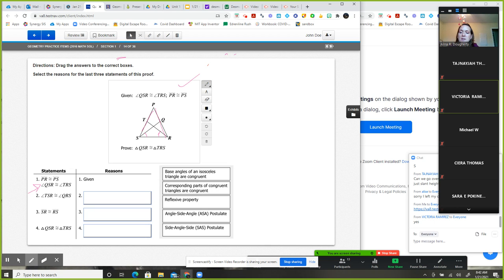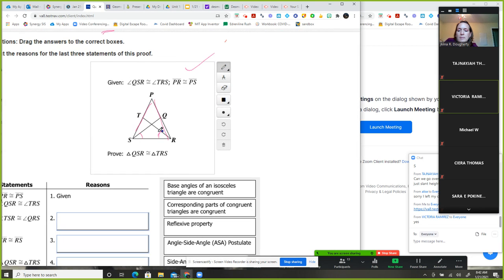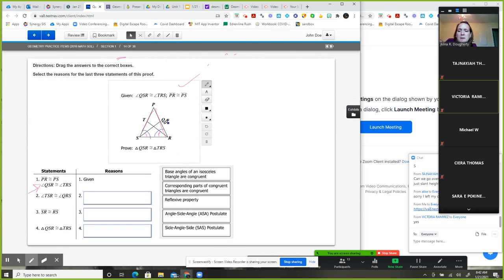Then TSR is congruent to QRS. Aha, I was reading that wrong. So that's this big angle and this big angle. Those are the base angles of isosceles triangles. If I know these two sides are the same, then I know the base angles are the same. So I would drag base angles over here.